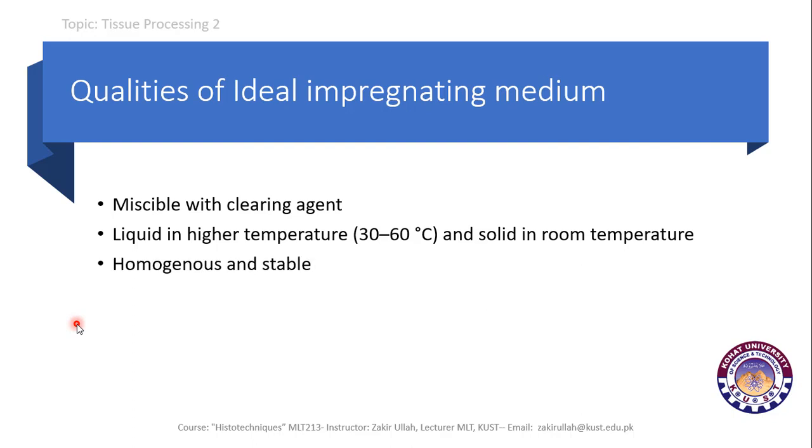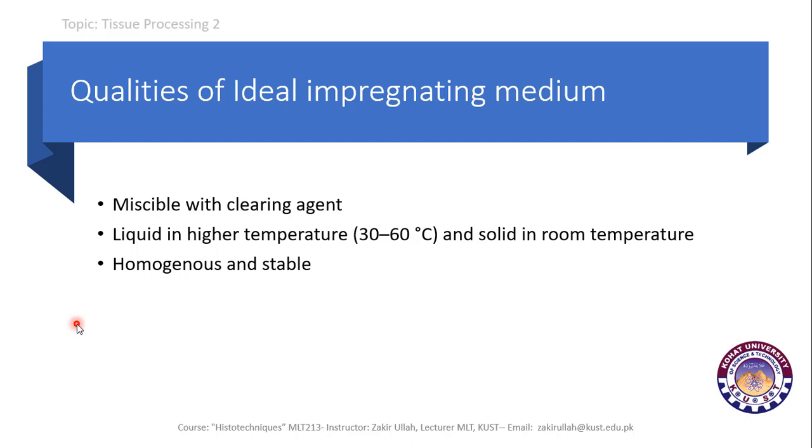So this quality must also be present in a good ideal impregnating medium. The impregnating medium should be homogeneous and stable, because when it is put into a tissue for impregnation and embedding, a homogeneous medium will give a clear picture and there will be no obstruction during the staining process.